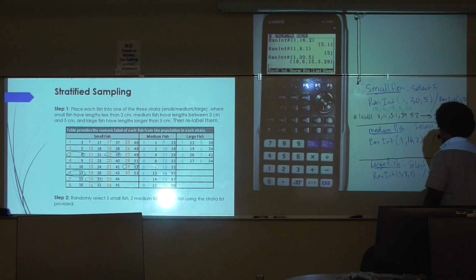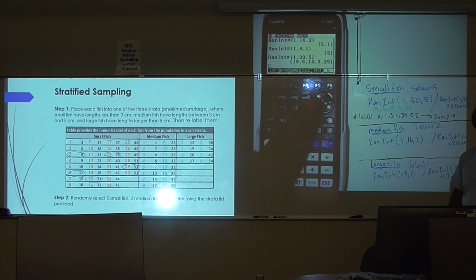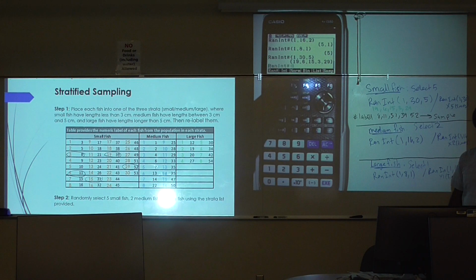Now, going to the next one, for the medium, I'm doing the same thing. I go to probability, randInt, and then 1, comma 16, comma 1. Oh, actually 2. I'm choosing 2, so delete the 1, put 2, close parentheses, and this gives me 4 and 14.